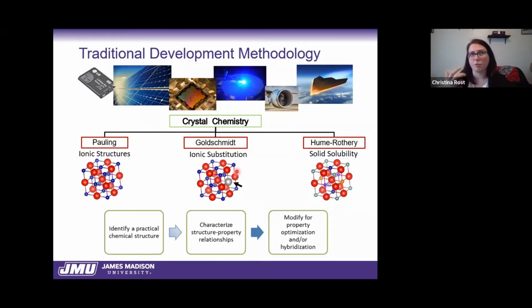And based on those rules, the general modus operandi is to identify a practical chemical structure, characterize these structure property relationships, and then modify whatever it is we need to modify for property optimization and or hybridization.